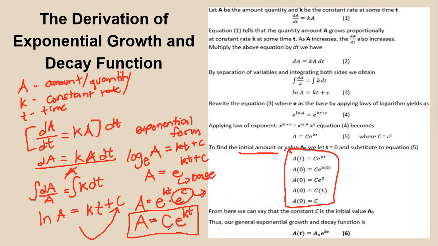So itong C na yan ay laging initial amount. Okay, so yung amount niya sa umpisa, that is the C. So we have our formula of the amount as a function of time. Okay? So magamit natin yung formulang yan sa pag-solve ng problems involving the exponential growth and decay.